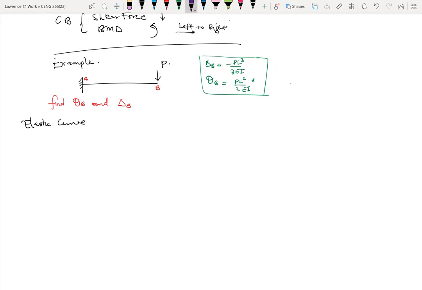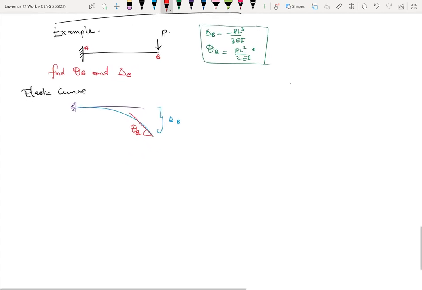So I have my beam, and then my curve looks like this. Okay, so I have my delta B, and also if I draw the tangent, theta B.